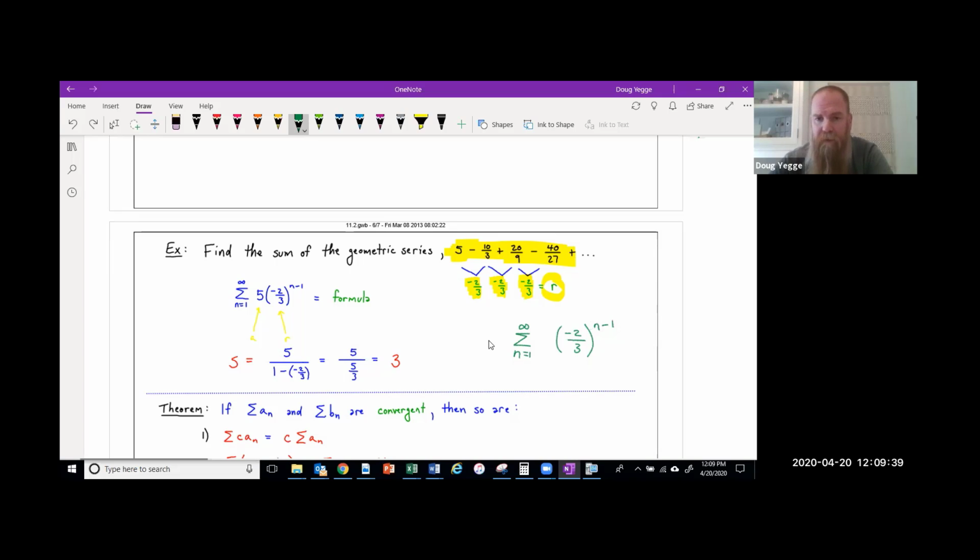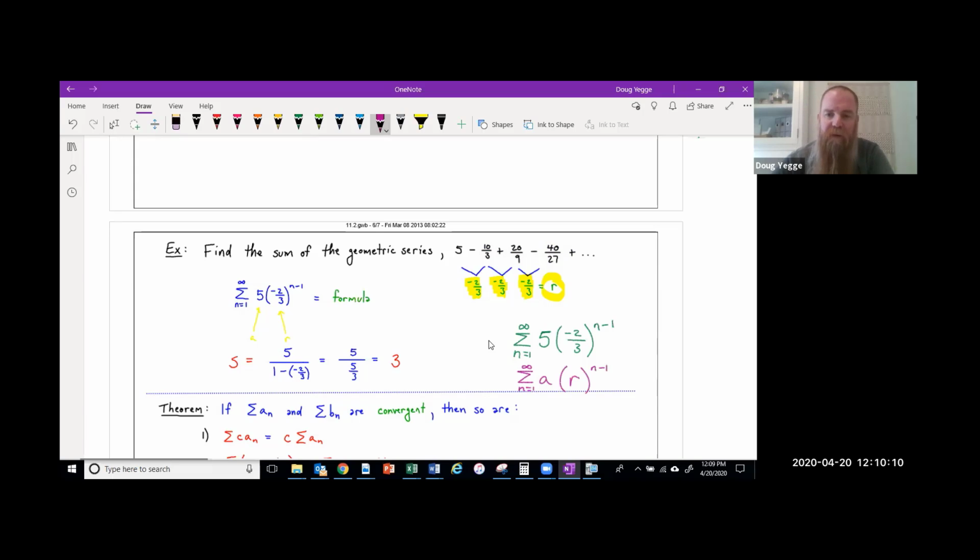Getting closer, but notice the first term is not supposed to be 1, it's supposed to be 5, which is why I multiply by 5. And now that's exactly the form that we learned on the prior slide that says that the standard form of a geometric series is A times R to the power of n-1.